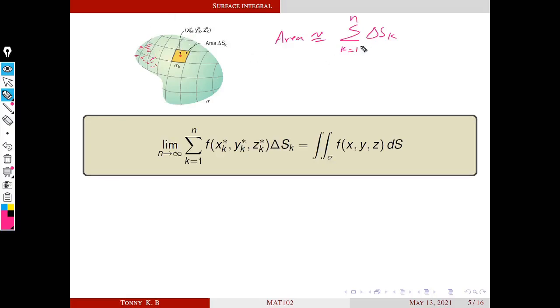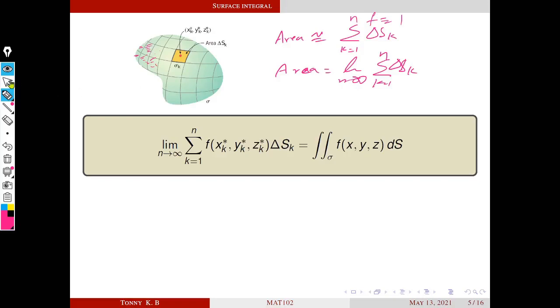It is clear that this approximation is better if you take n large, isn't it? If n is very large, the area is better. So in the limiting case, the area equals the limit n tends to infinity of the sum over k equal to 1 to n of delta s_k. Here the function value f is 1. So if we choose f as 1, then this infinite sum gives the area of sigma.